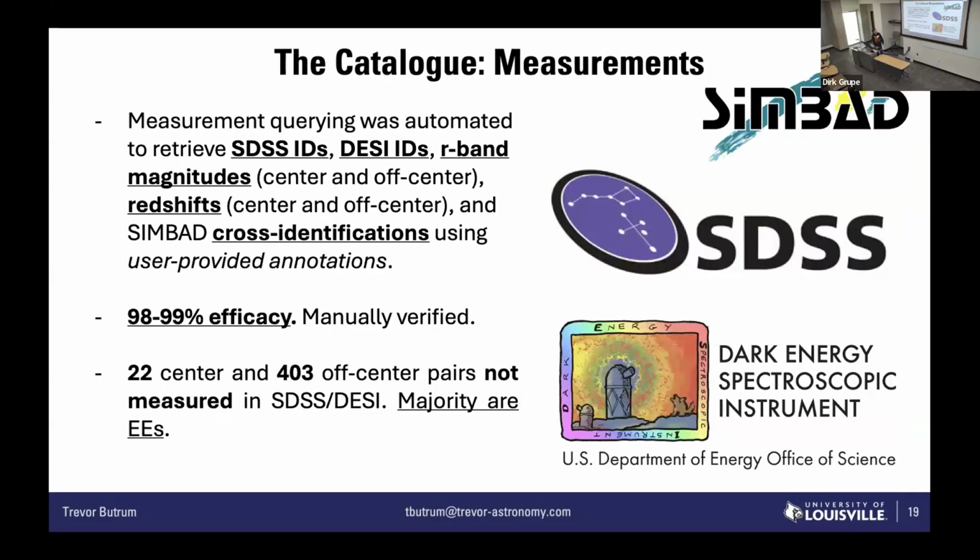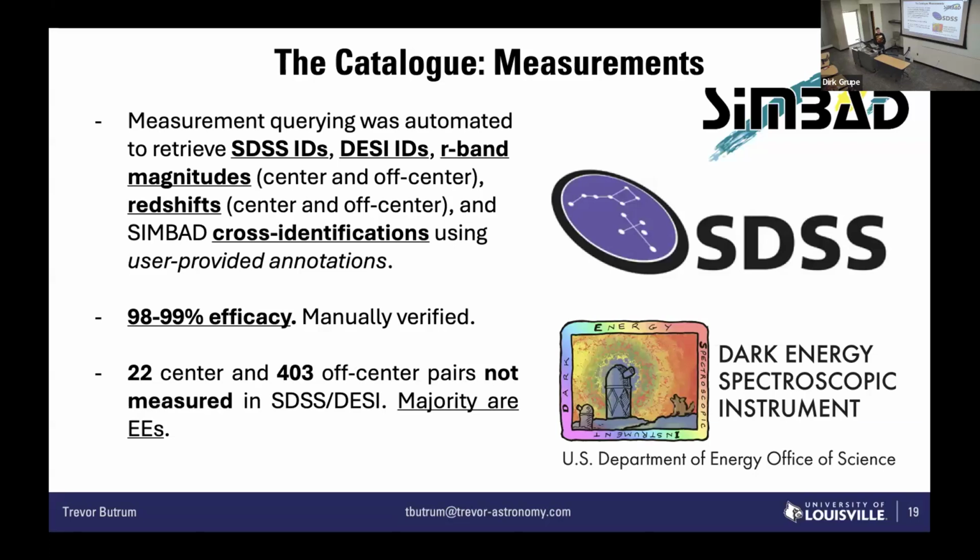So for the catalog, I also got different measurements. I have SDSS IDs, DESI IDs, the r-band magnitudes, and then the redshifts as well. I did this using my own method: I queried the galaxy, and if the redshift was close enough to the center of the galaxy, using the user-provided annotations that we had, I took that as the redshift. I manually verified all of the automation that I did.